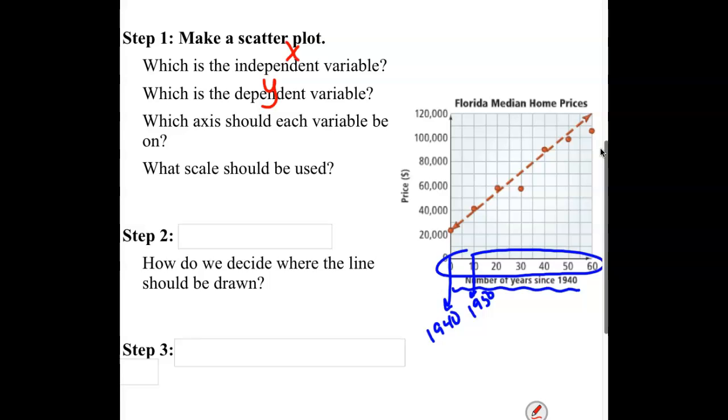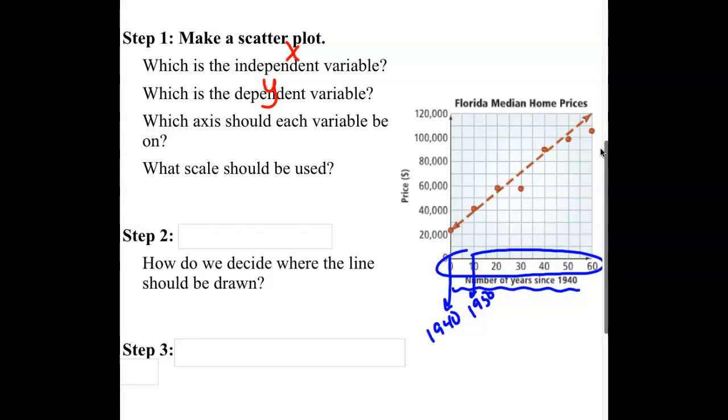How do I need to adjust the scale? In this case, they went by 10-year increments, and they went by 20,000 plus for the y-axis. Yes? Okay. They actually went by 10,000s for the y-axis, but they've only labeled every other one. Does that make sense? And we can do that on our graphing calculator as well.